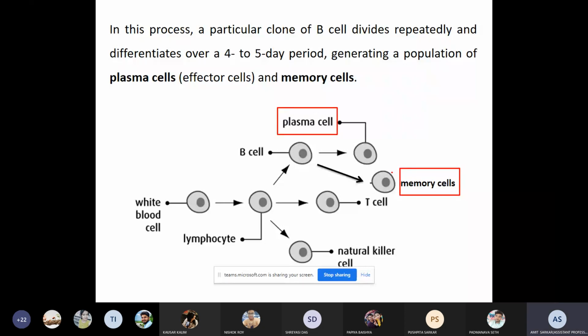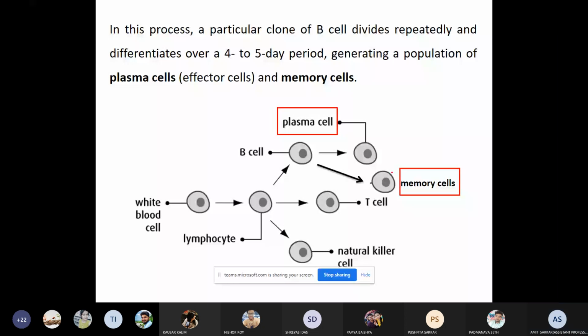By using a vaccine, we are just trying to generate these memory cells. It is not possible to have the soluble antibody in our system after a certain time. If I check, we do not have any antibodies against mumps, measles or rubella, because I was vaccinated in the early days of my life.